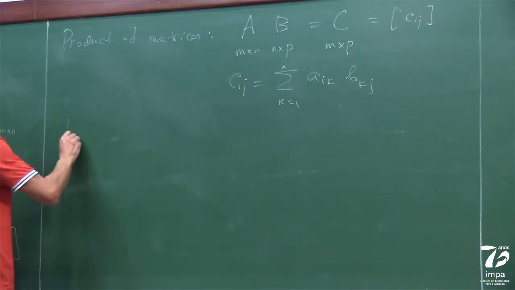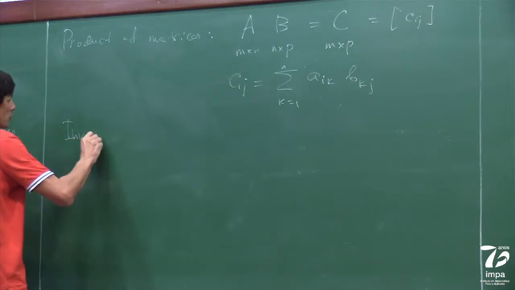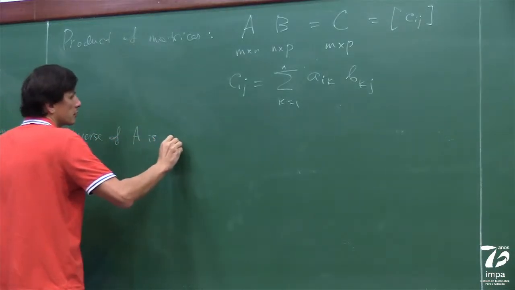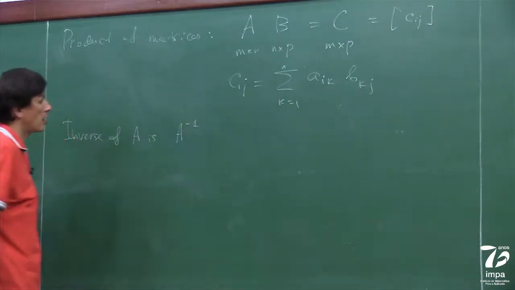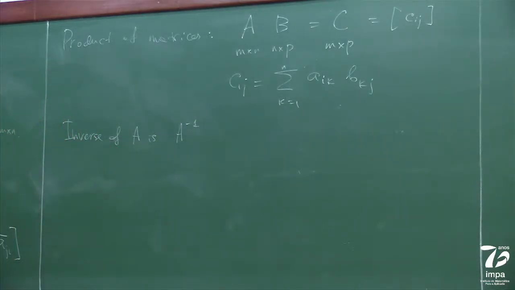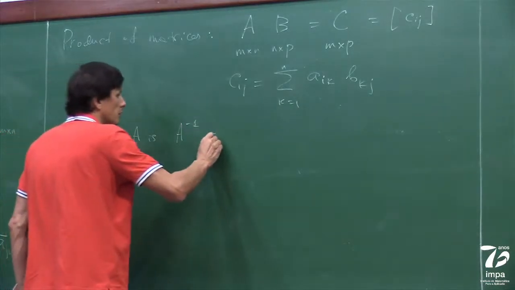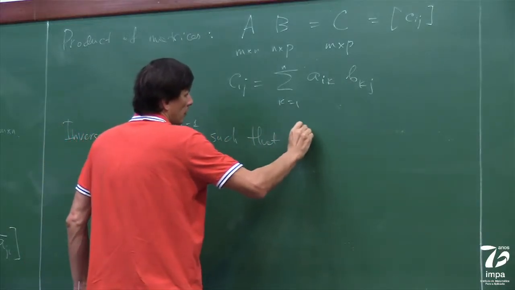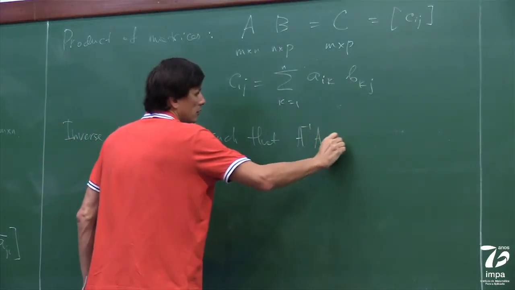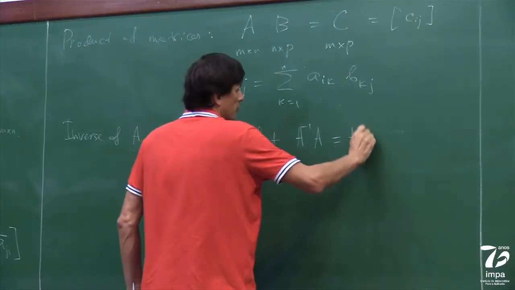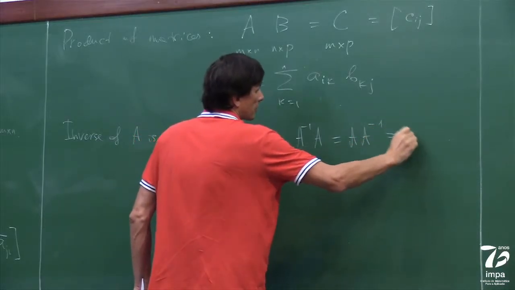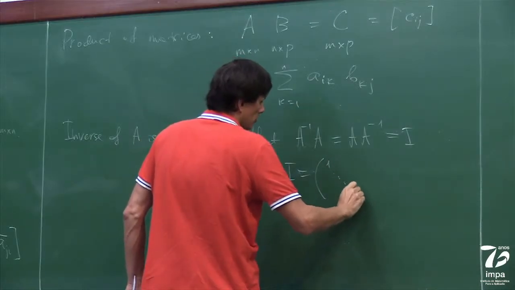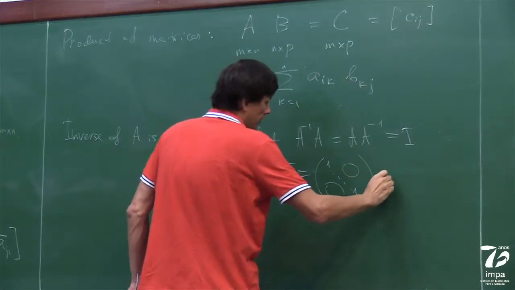Then what's next? Inverse. The inverse of A is the matrix A^-1 such that A^-1 A is the same as A A^-1, which is identity, where I is the identity matrix.